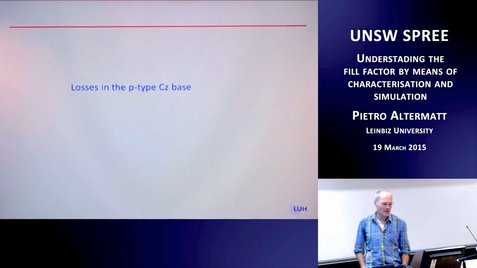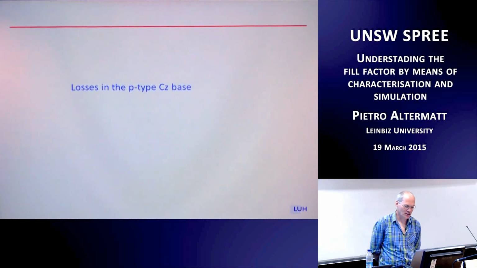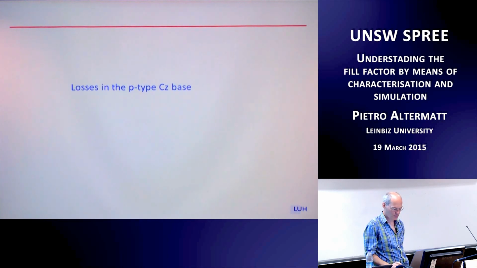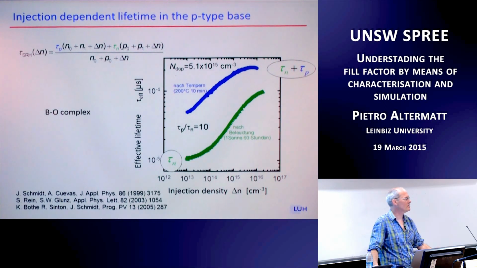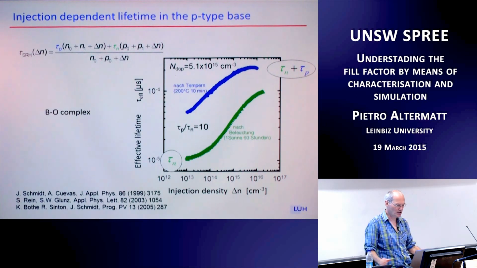Well, in this case, it was actually the base that was the reason for it. The resistivity of the base stayed the same. It wasn't a resistive loss of the base. It was that most materials, not all materials, but quite most you buy on the market, have a fairly strong injection dependence. So here it is, after light-induced degradation of the so-called boron-oxygen complex.